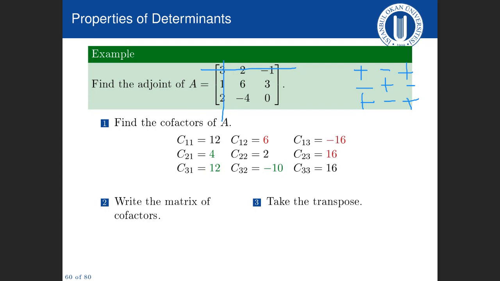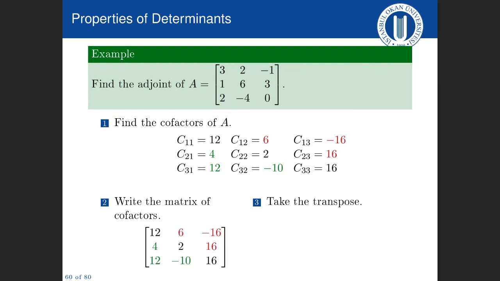And so on. I'll leave the rest of them for you to check. And then we take these 9 numbers and we write them in a matrix. That's the matrix of cofactors. And then finally, we need to take the transpose of this matrix. And then we obtain the adjoint of A.